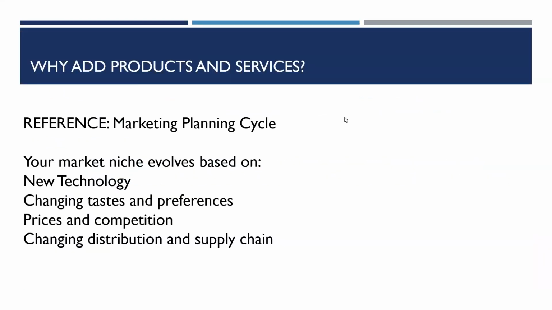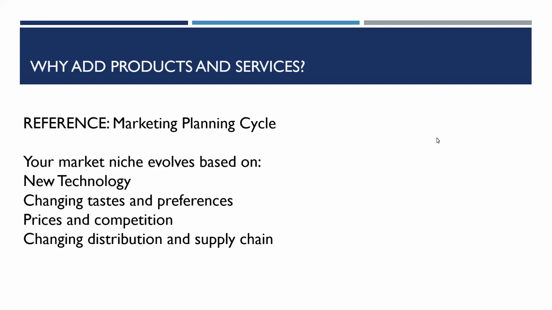So again, we reference the marketing planning cycle. The market niche itself is going to evolve based on new technology, changing tastes and preferences. You're going to have distribution problems, as we all have learned very acutely here through COVID.